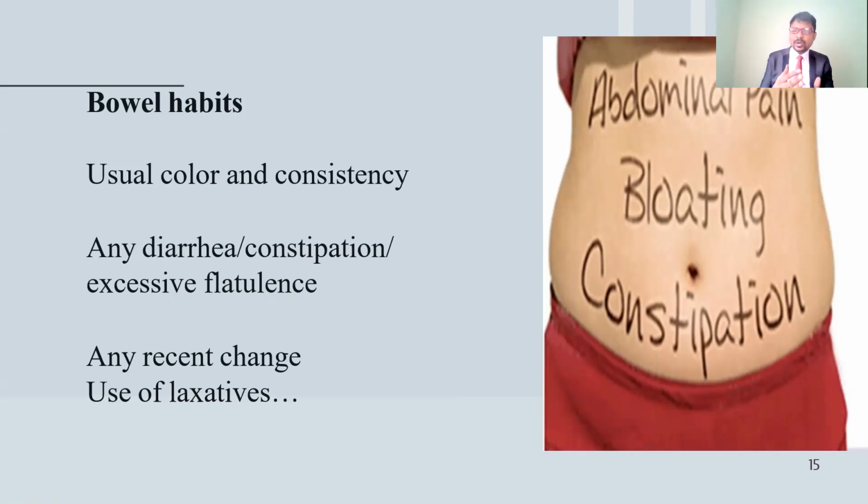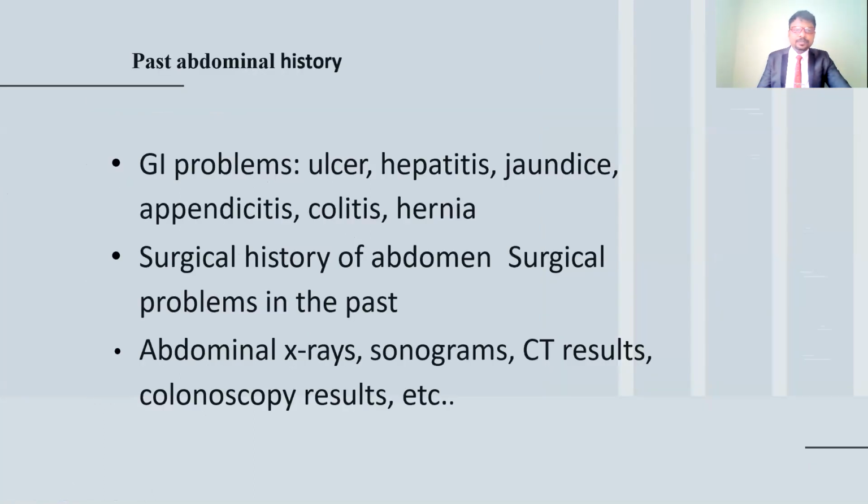We have to know how they release the gas, whether through the mouth or the anus, and whether they are using any laxatives. For example, in constipation they have to use a laxative to improve bowel movement and clear the bowel. These things we have to know from the persons who came for the investigation.